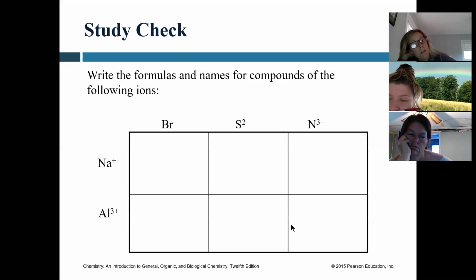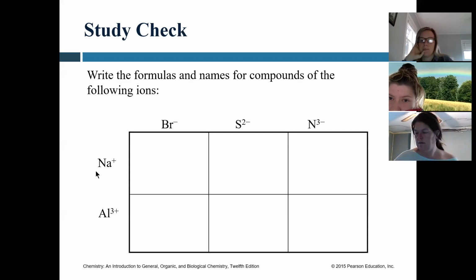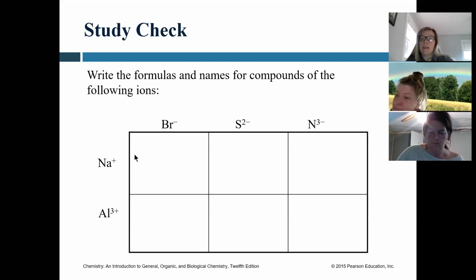So I want you to go through this matrix. We put on the y-axis sodium and aluminum, and on your x-axis you'll put bromine, sulfur, and nitrogen, specifically with its corresponding charges. So you're going to go through and combine each of these. I want you to write the formula and I want you to write the name.